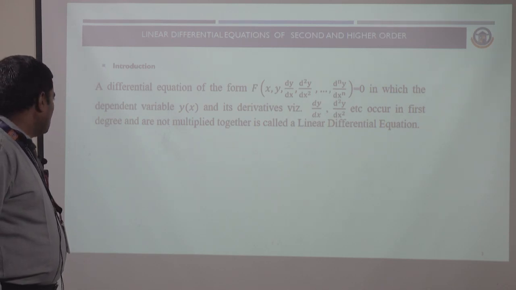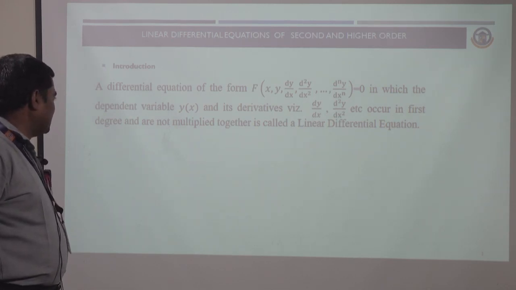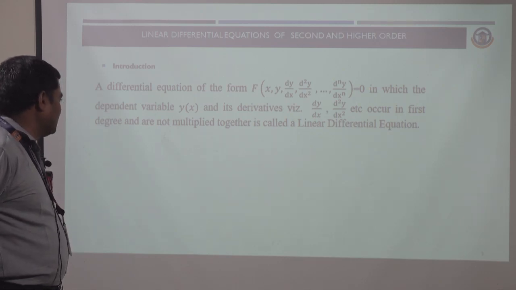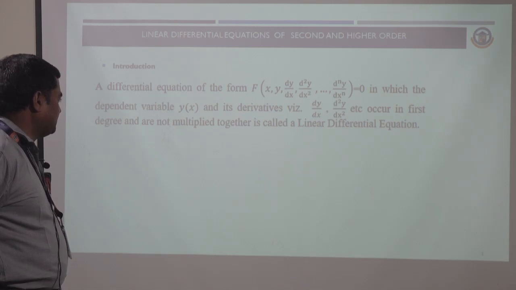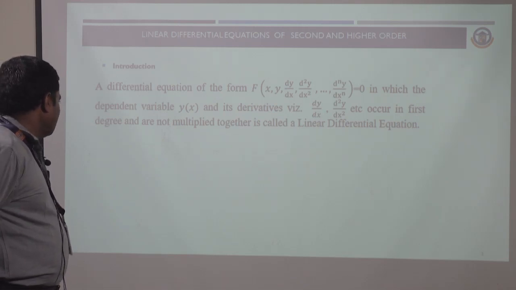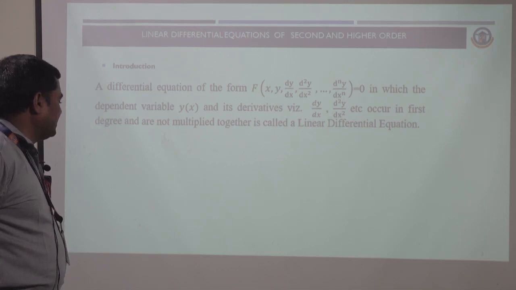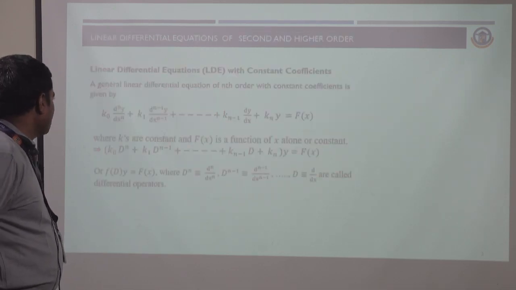Here y of x is the dependent variable and we differentiate it, and the corresponding derivatives dy by dx, d square y by dx square, and so on up to d power n y divided by dx power n, in the first degree and not multiplied together, is called a linear differential equation.